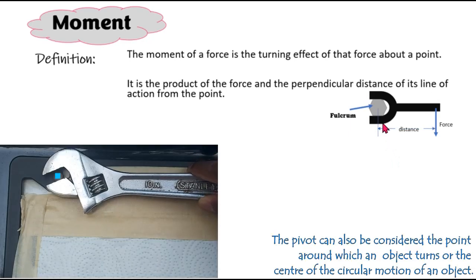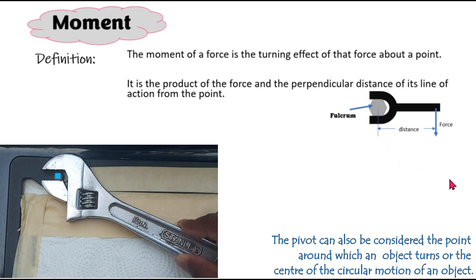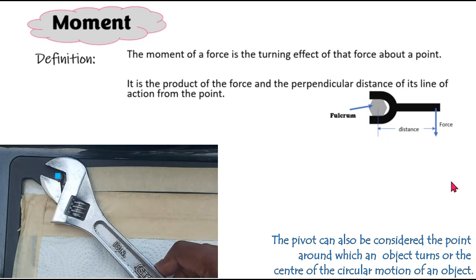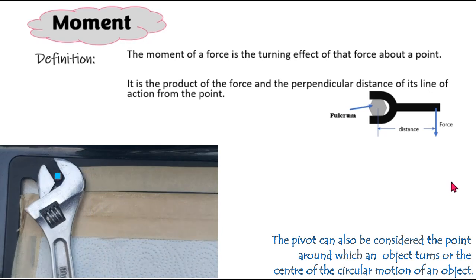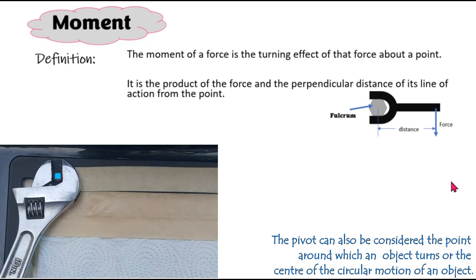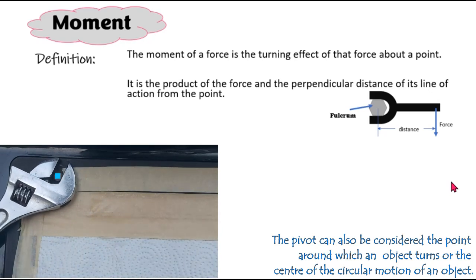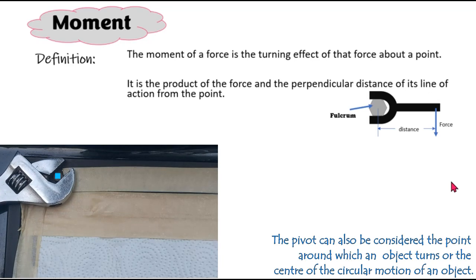Now in this case, as you can see in this little snippet, the center of the bolt would become our pivot. Now, as you can see, the spanner is turning. You recognize that it's pivoting at the center of the bolt.